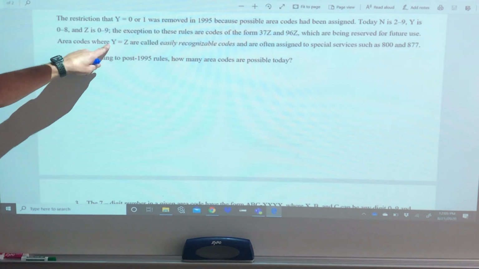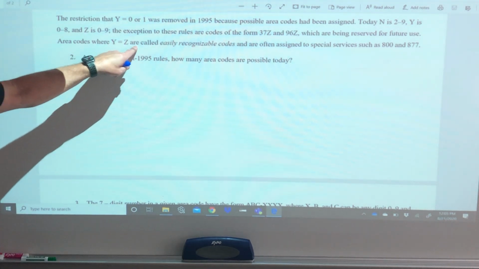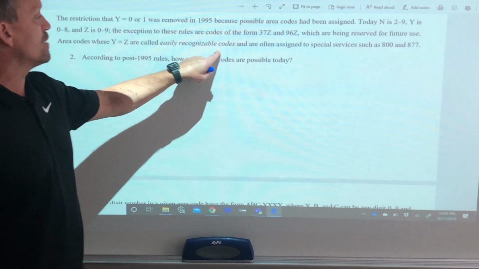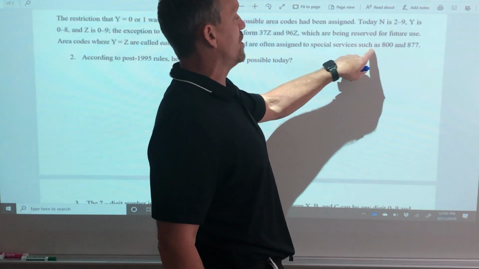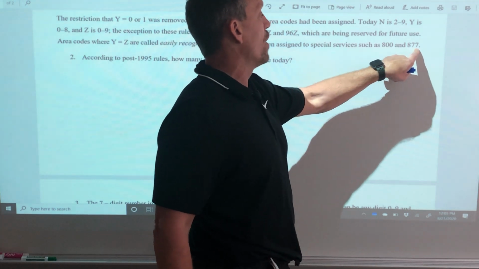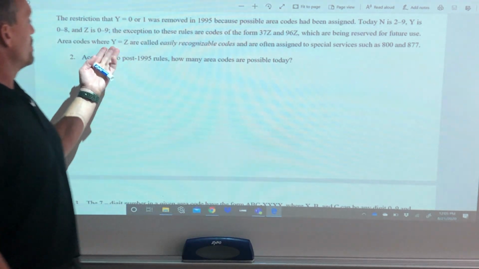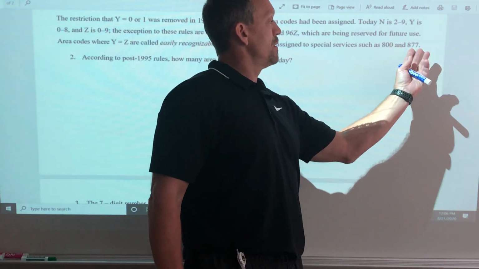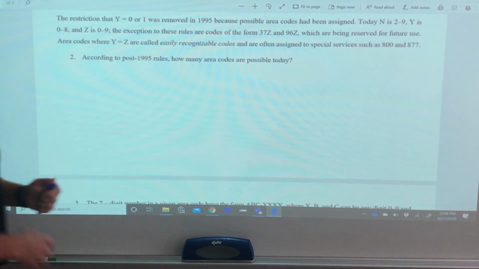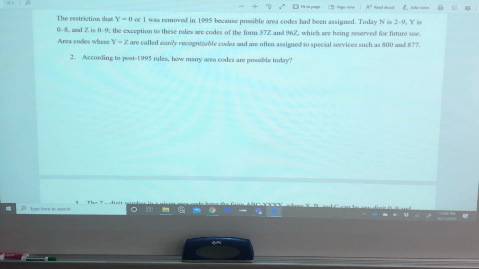Area codes where Y equals Z are called easily recognizable codes and are often assigned to special services such as 800 or 877, where we have NYZ, where Y and Z are the same number.